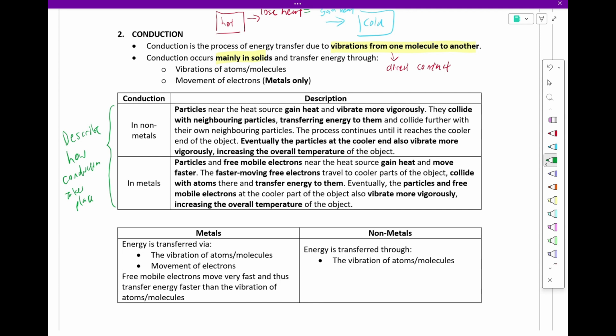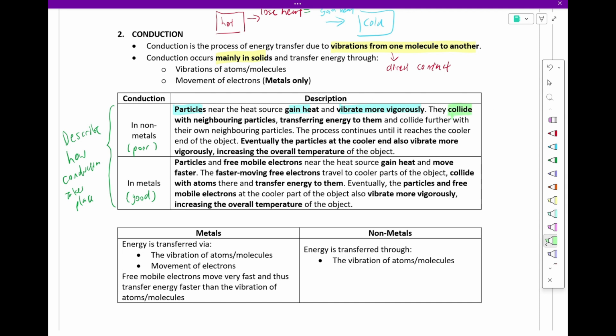Okay, and if you still recall from your lower secondary itself, non-metals are poor conductors of heat, while metals itself are generally good conductors of heat, right? So why is that so? What's the reason why? Number one, particles gain heat and vibrate more vigorously, right? And then what happens?